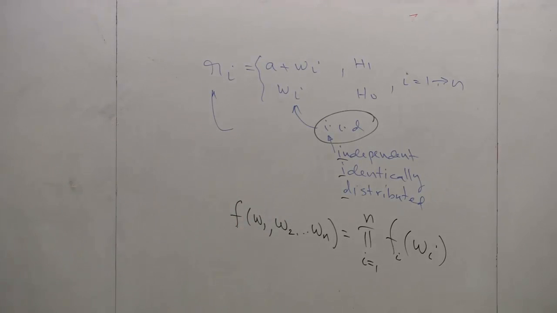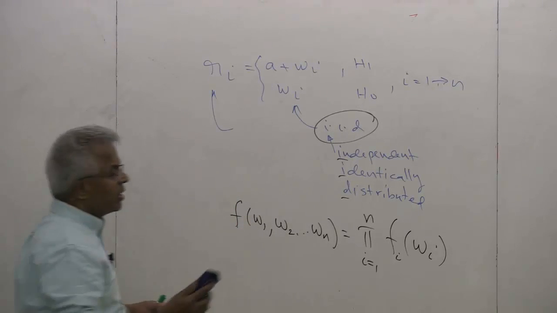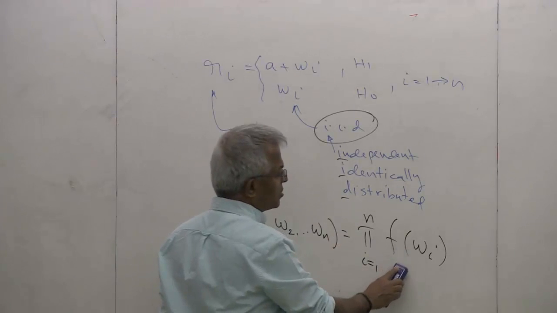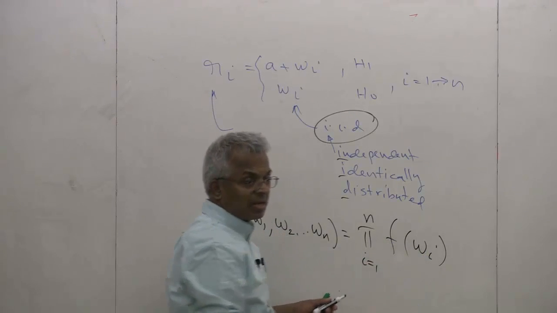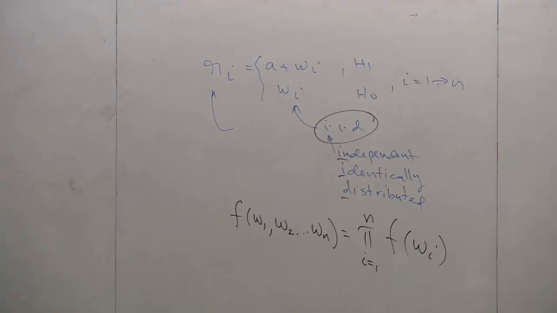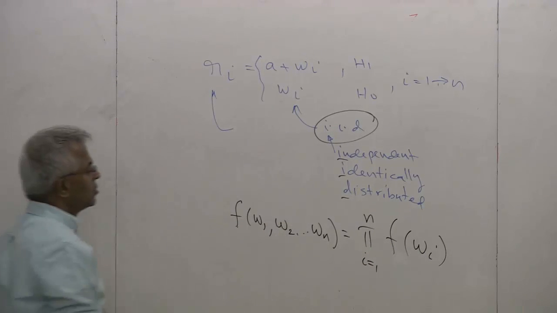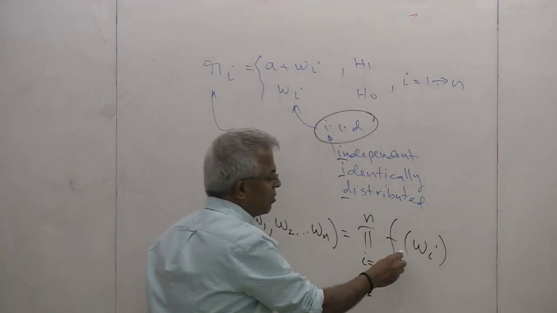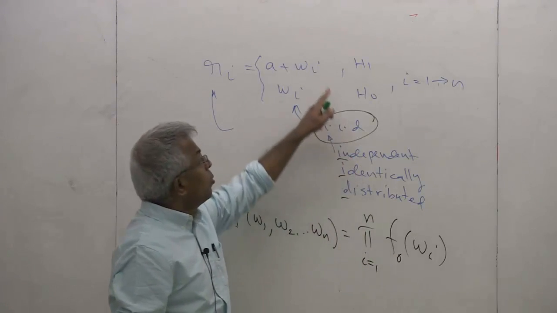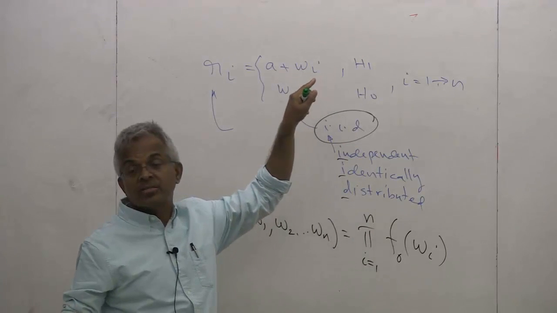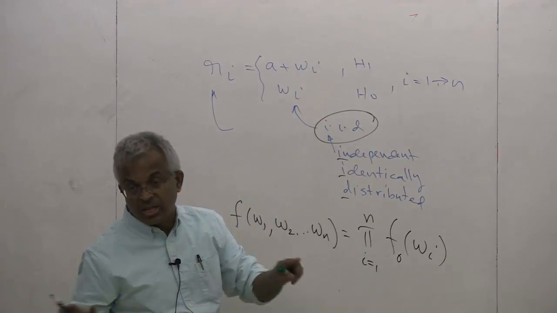So again, we are all mature enough, you understand. But identical will mean that all these density functions are the same shape, exactly the same. They are independent, but they are identical. So this could be f naught, then all of them are f naught. Otherwise, one sample could be Gaussian, the second sample could be Poisson, etc. That's not the case.